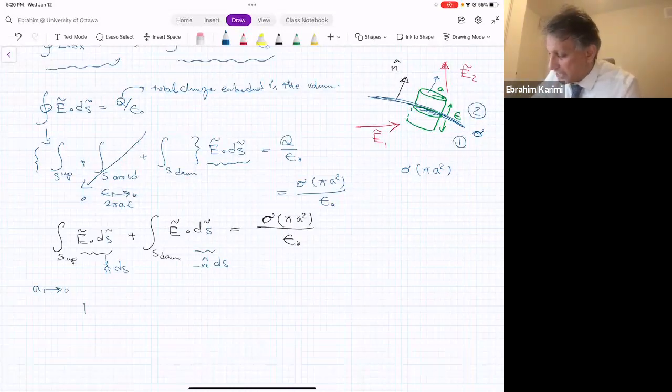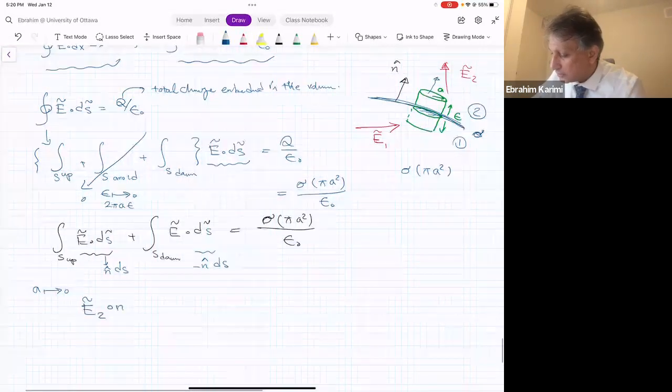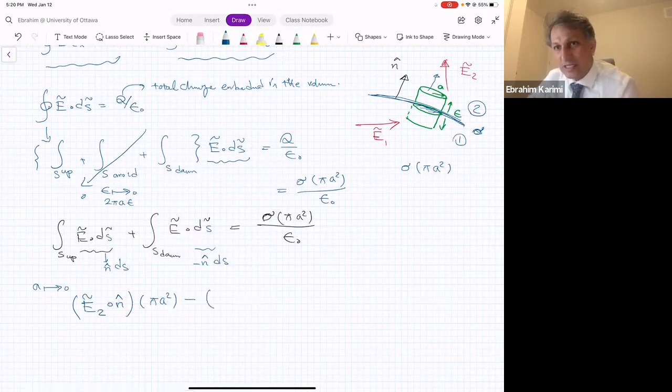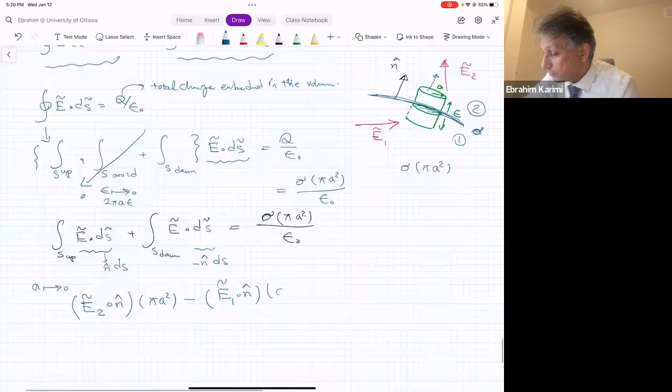Then that will be E at the upper surface, which is the electric field E2 at the upper surface, dot n, times the surface area, which is pi a squared, minus the electric field in the lower part, which is E1, dot n, pi a squared, equal to sigma pi a squared divided by epsilon naught.